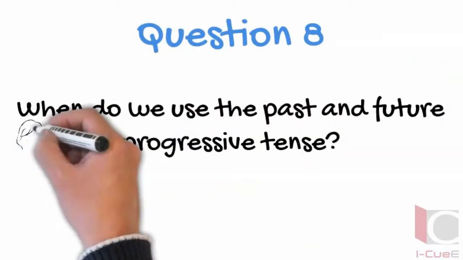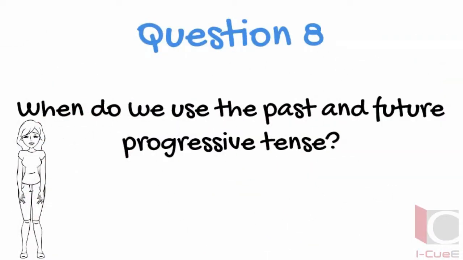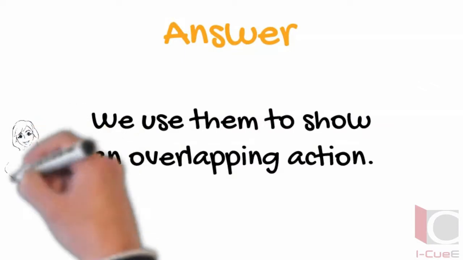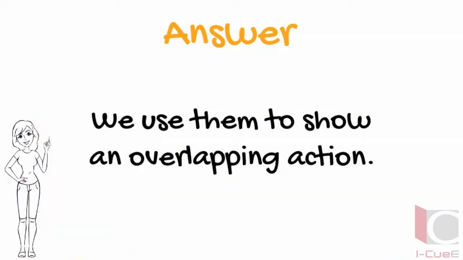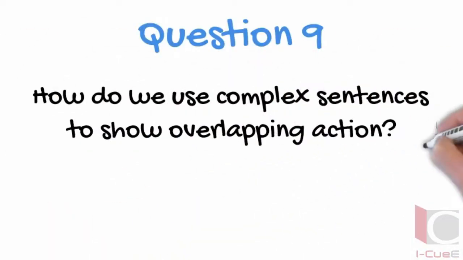When do we use the past and future progressive tense? We use them to show an overlapping action. How do we use complex sentences to show overlapping action?